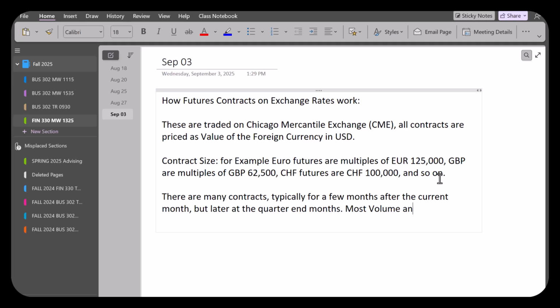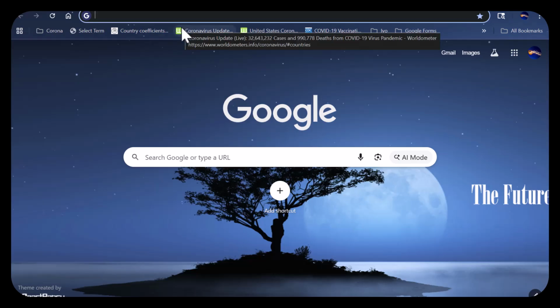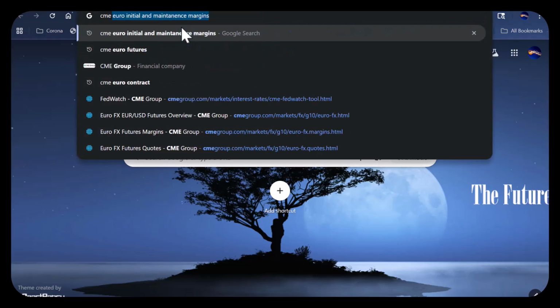Most volume and open interest is in the so-called near contract. And that near contract changes frequently. Let's go to Euro futures, for example.